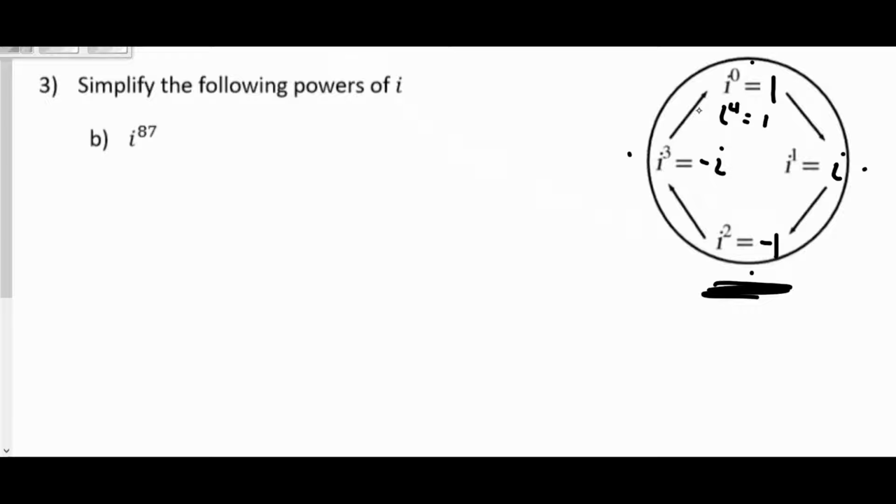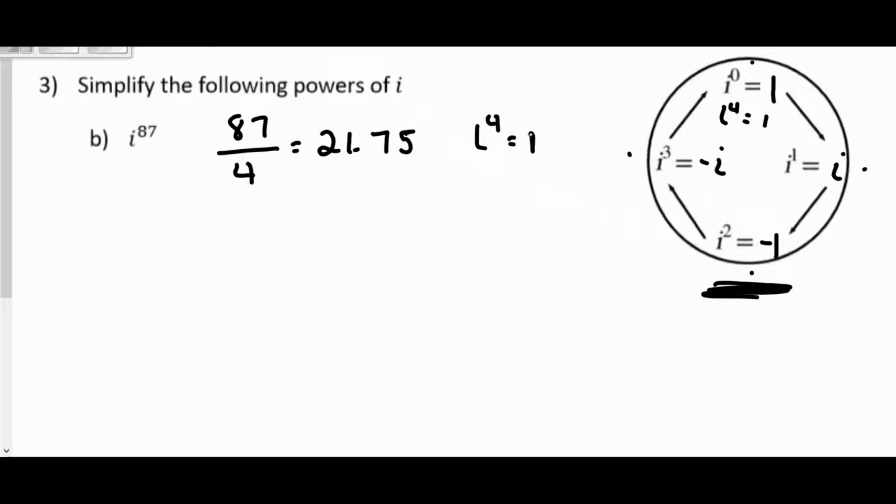So to simplify this, I want to know how many groups of 4 fit into 87. So I do 87 divided by 4, and I get that 21 groups of 4 fit into 87, and then I have 0.75 left over. And the reason why I'm interested in groups of 4 is because i to the 4 is 1.